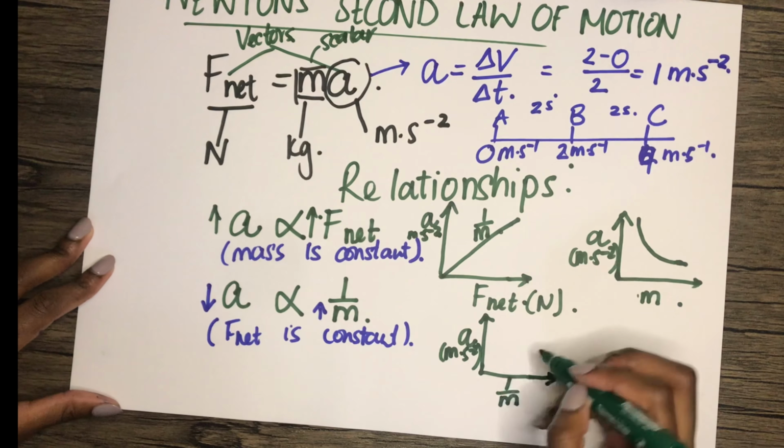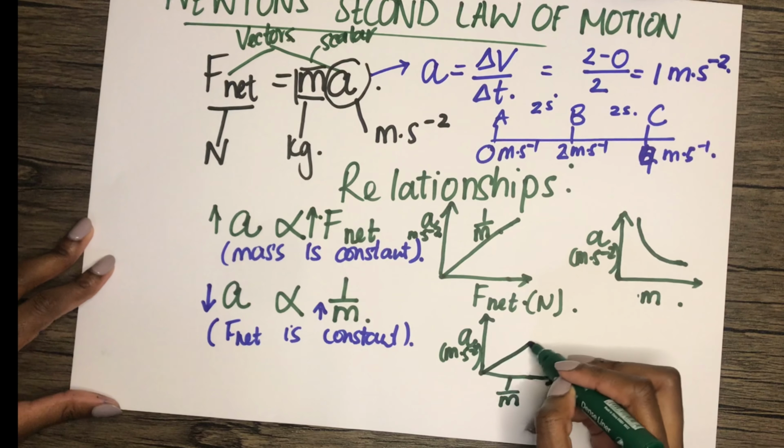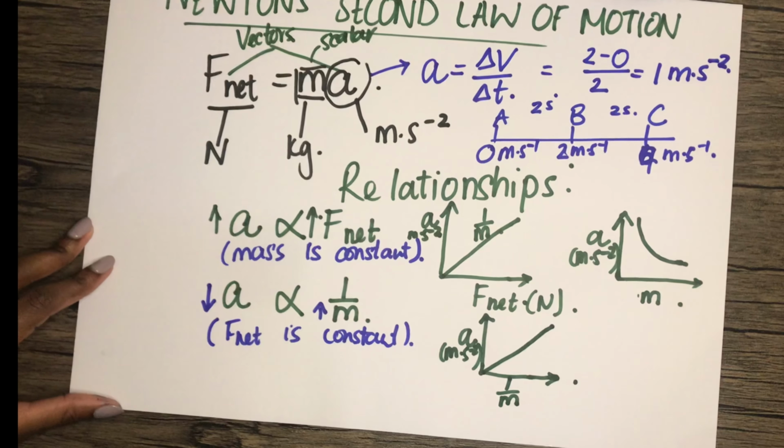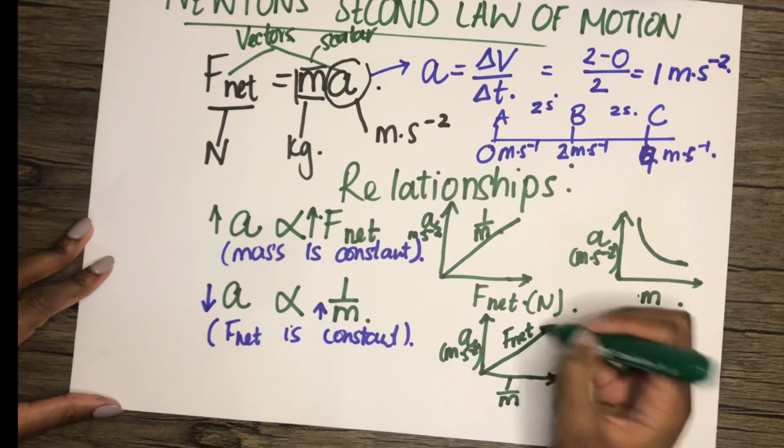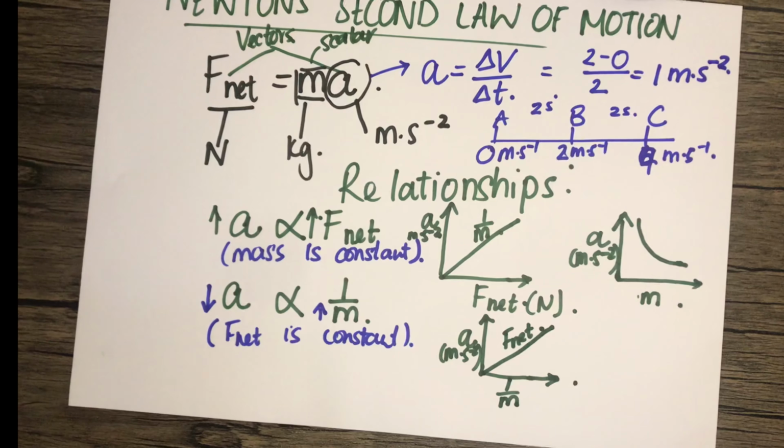This graph is also going to be a straight line from the origin, and the gradient of this graph is going to give me the net force. So these are the relationships that you're meant to know from Newton's second law.